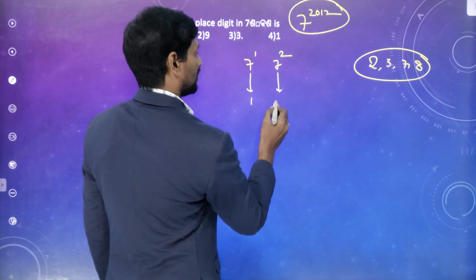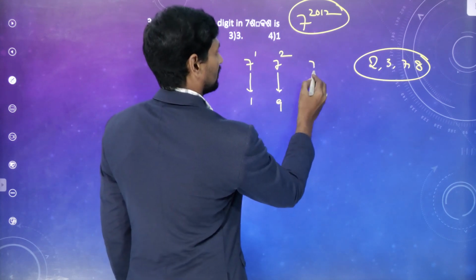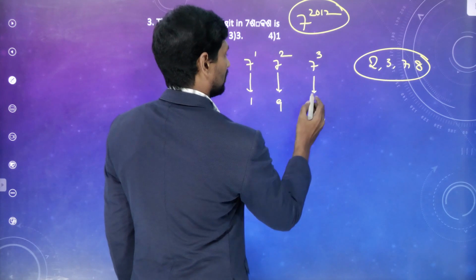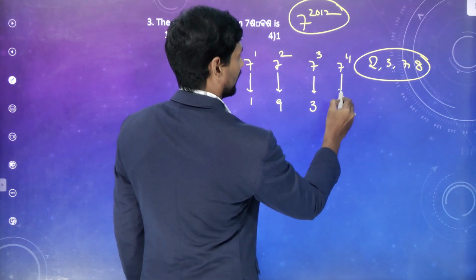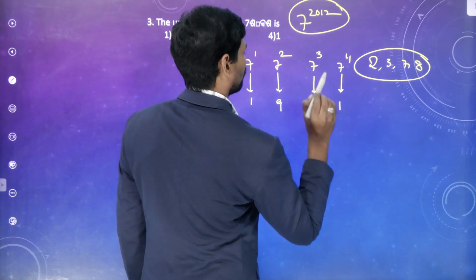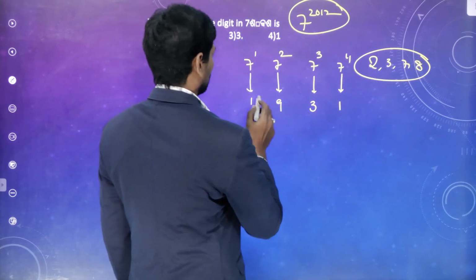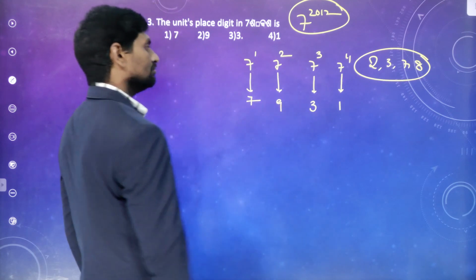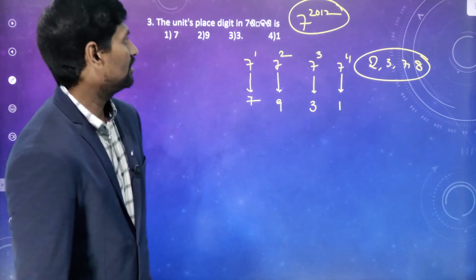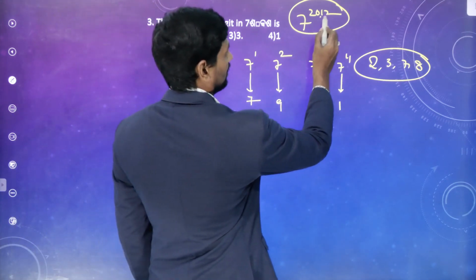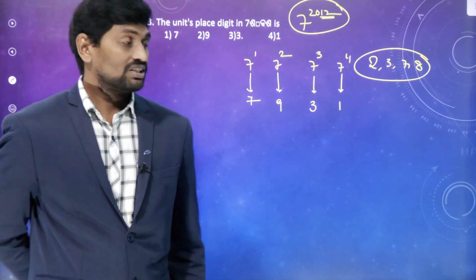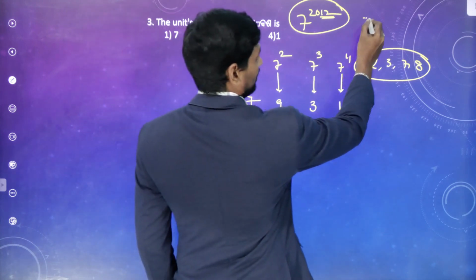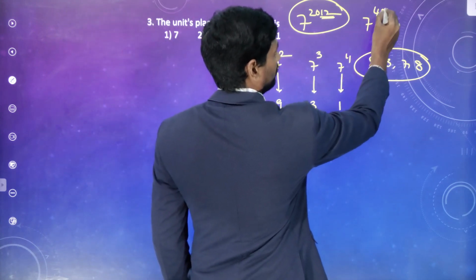That means 7 square value is 49, 7 cube ends with 3, and 7 power 4 ends with 1. While you are checking here, the last 2 digits are 12. That means 2012 is directly divisible by 4.